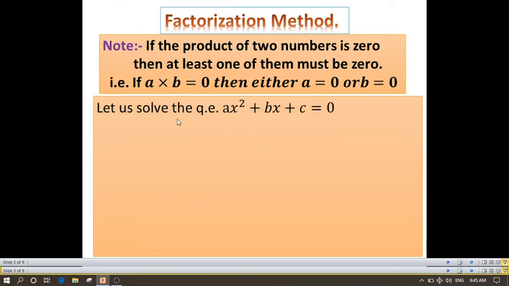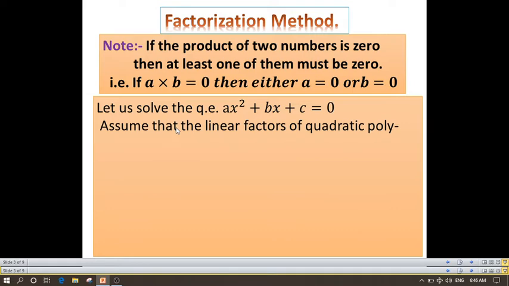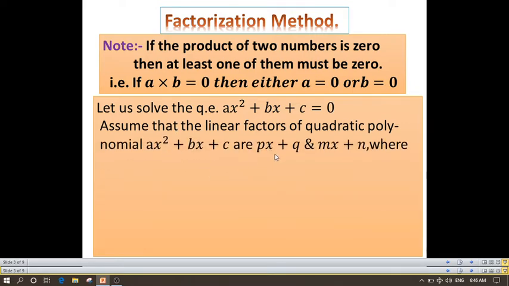Now let us solve the general form of quadratic equation ax square plus bx plus c is equal to 0. See, in the LHS, this is the quadratic polynomial. Now assume that the linear factors of this quadratic polynomial are px plus q and mx plus n, where a, p, q, m and n are real numbers.